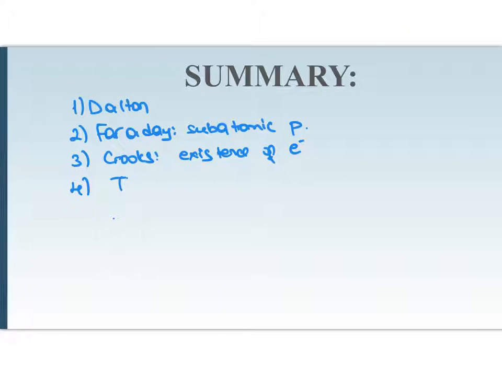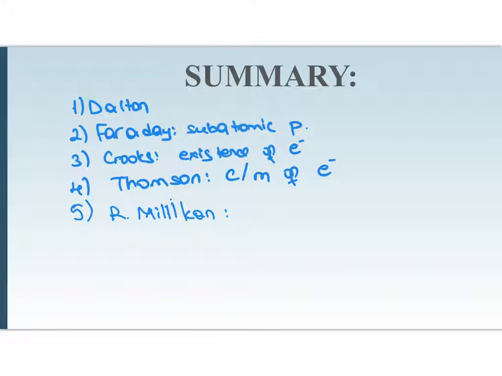Then Thomson, J.J. Thomson. He calculated the charge over mass ratio of the electron. Also, he stated the plum pudding model of the atom. Fifth one, Robert Andrews Millikan. Millikan calculated the charge of an electron.